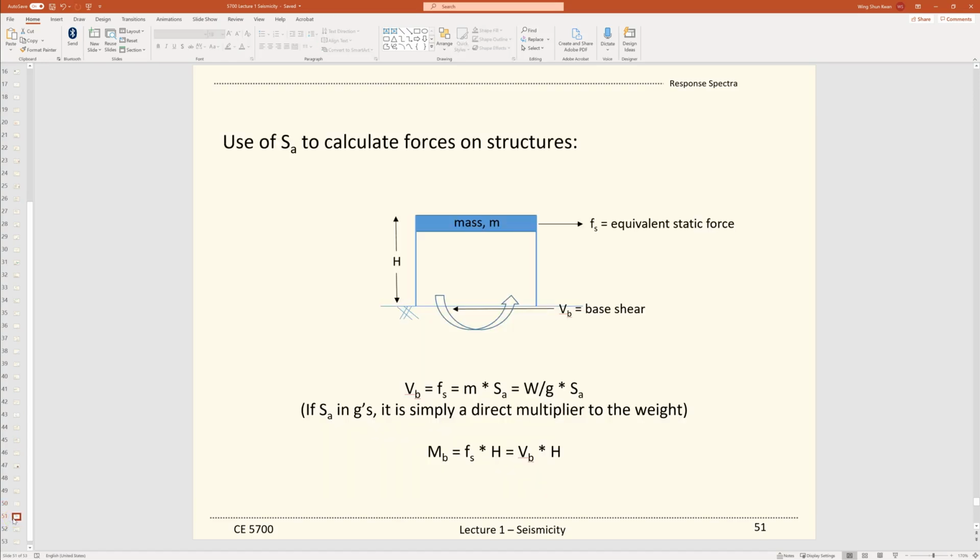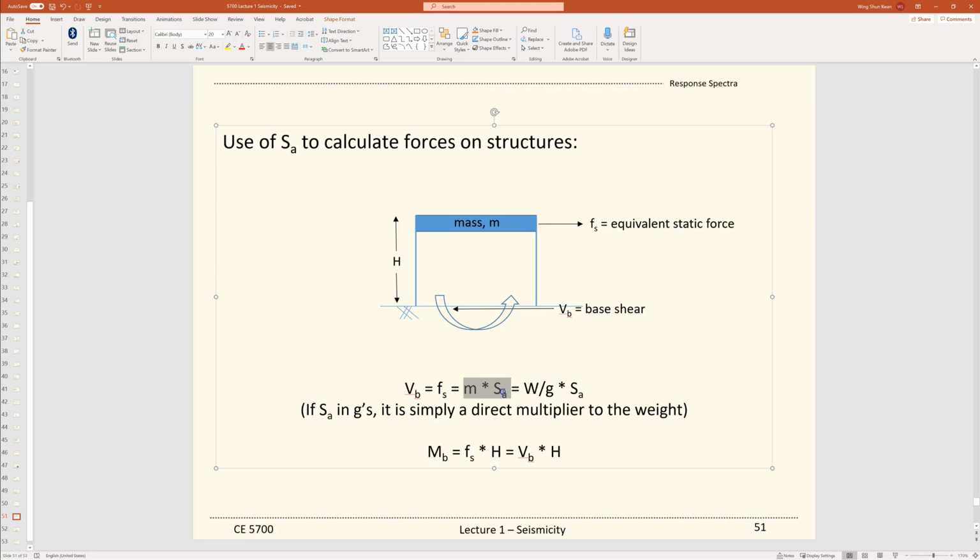So that's how we get the acceleration response spectra. And we can use the S sub A for the calculation of force on a structure. If we have a simplified structure here, we have the base shear, which is in the opposite direction of the equivalent static force, and those two are equal to each other, equal to mass times acceleration.